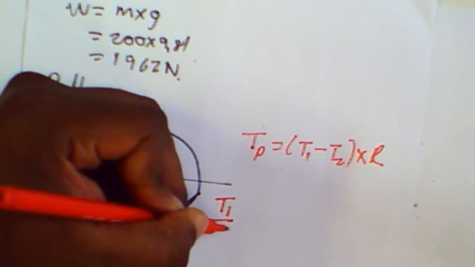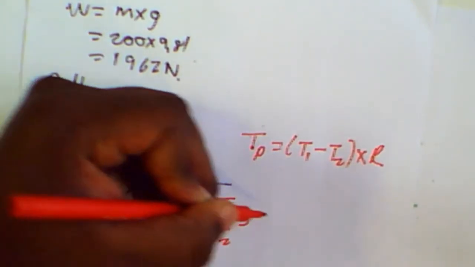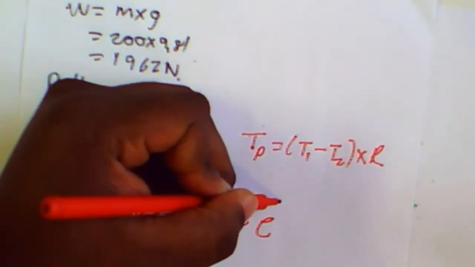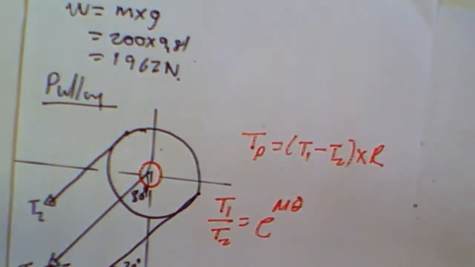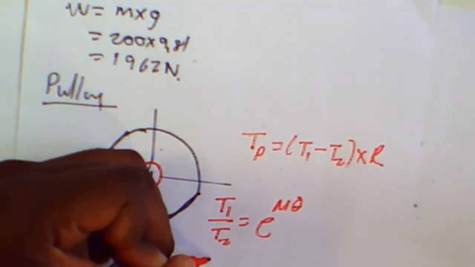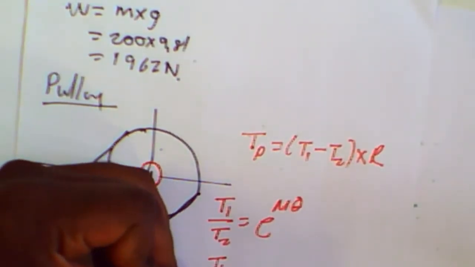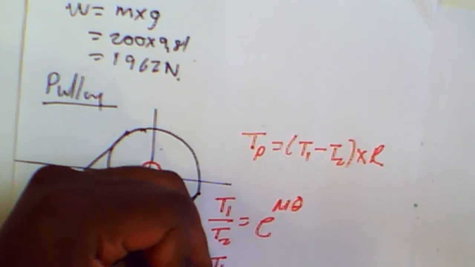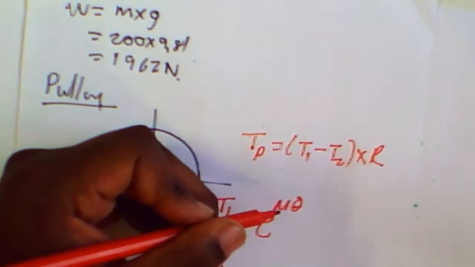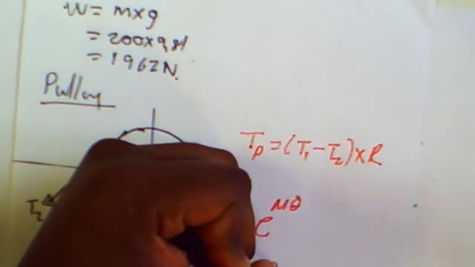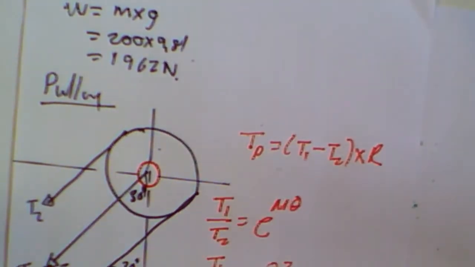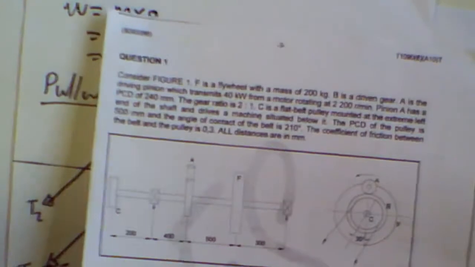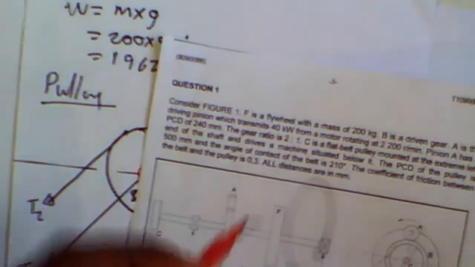So the tension ratio is given as T1 over T2 equals e to the power of the coefficient of friction times the angle of contact. The coefficient of friction, if you remember, I was given as 0.3. That's the coefficient of friction between the pulley and my belt.